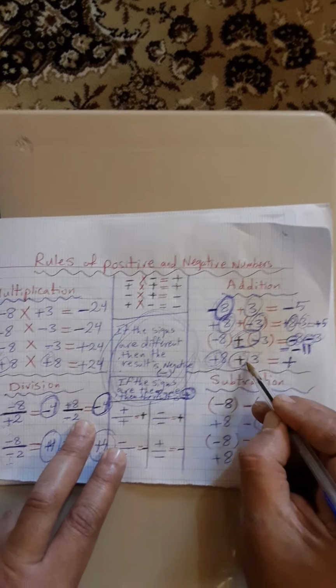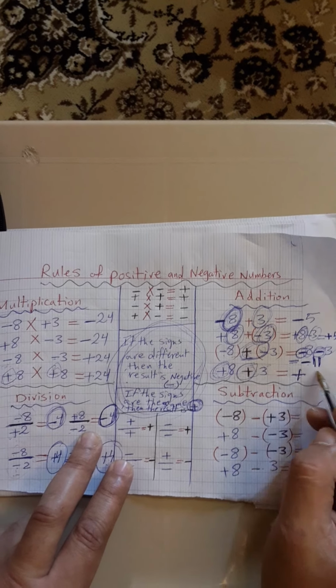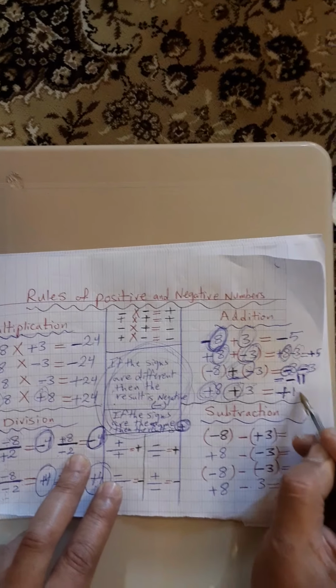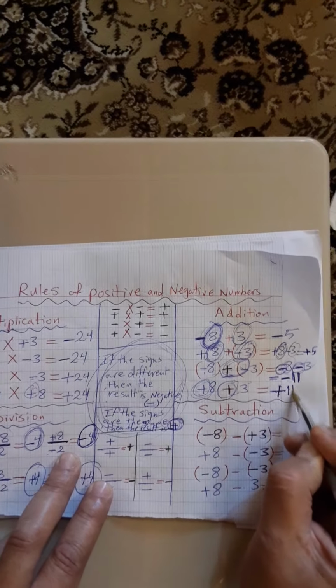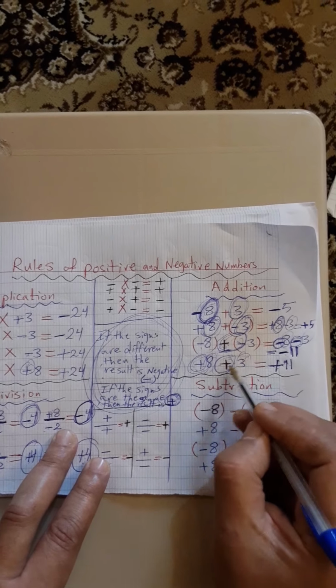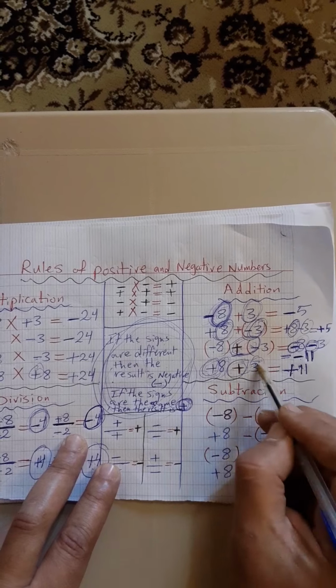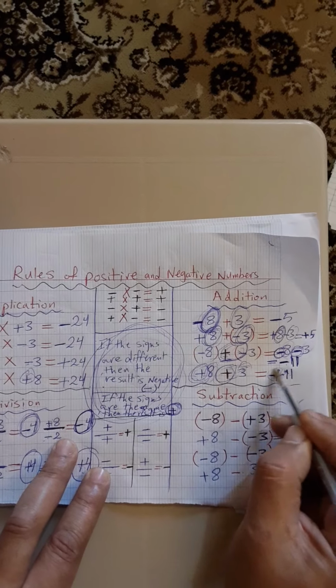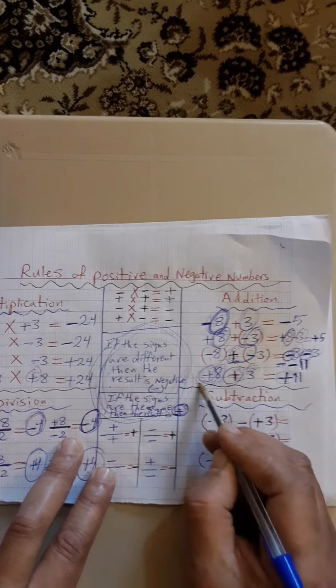So plus 8 plus 3, there are the same signs, plus plus, the result is plus, and we add the values of the calculation without signs. 8 plus 3 is 11, and the sign is plus because there are the same signs.